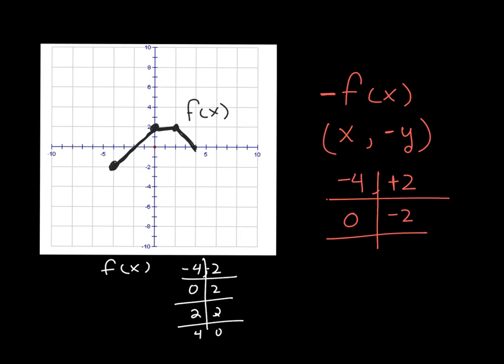So the next one I want to transform is 2, 2. So 2, 2 becomes 2, negative 2. And the last one actually doesn't change, because I can't multiply that 0 times a negative, it just stays as 0, so that's 4, 0.